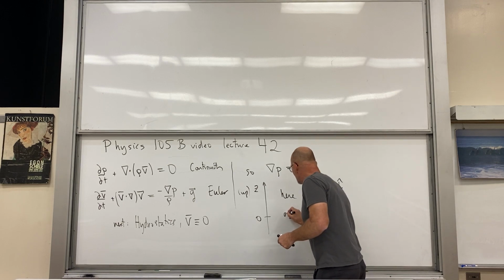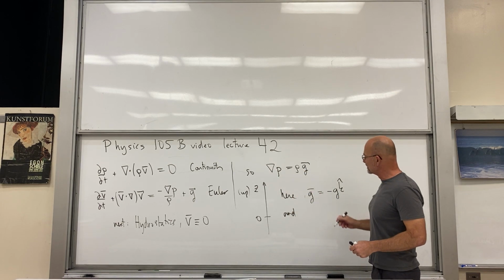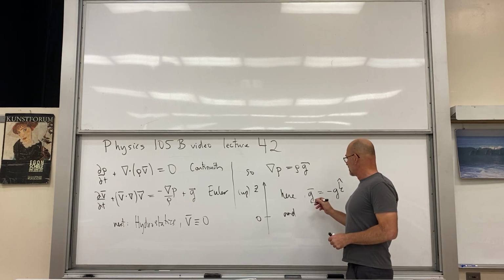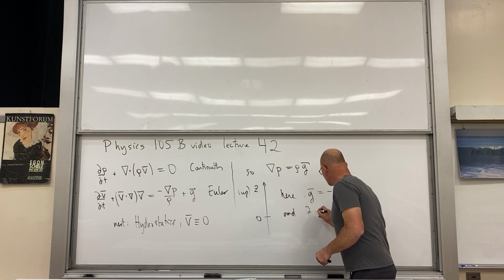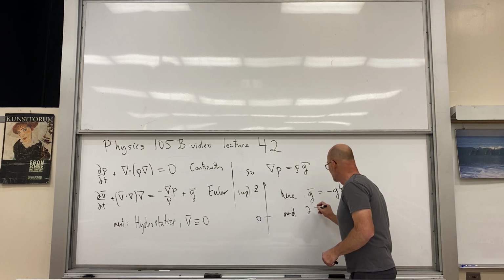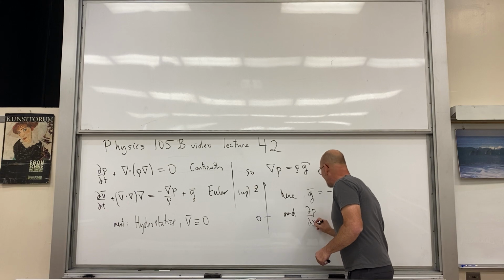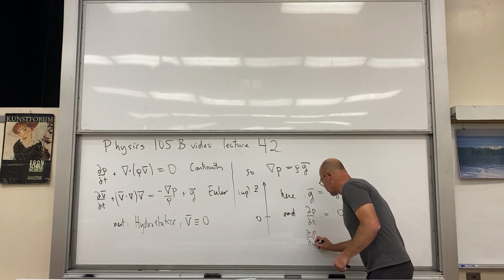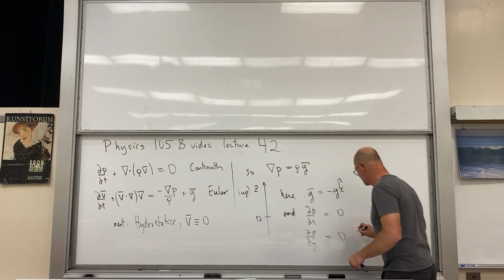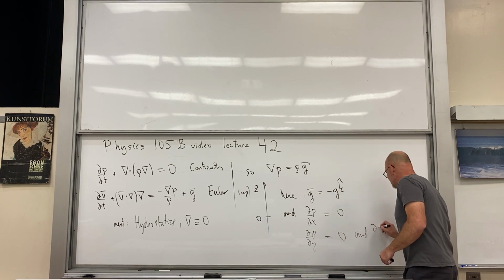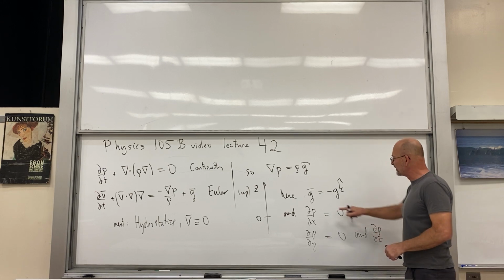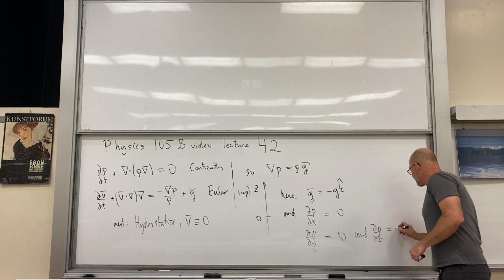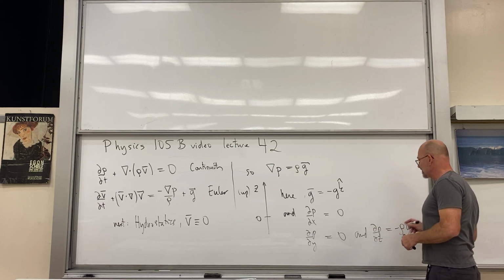And this differential equation is pretty basic. We have dP/dx equals 0, dP/dy equals 0, and dP/dz, the z component of the gradient, is equal to minus rho g.